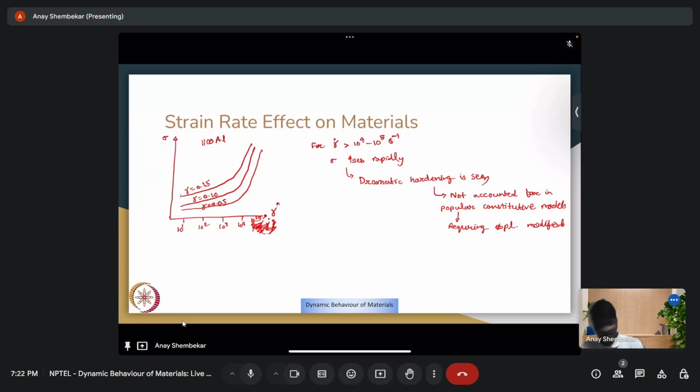Another practical pointer here is that as your strain rate increases, material deformation progresses from fully isothermal to fully adiabatic.